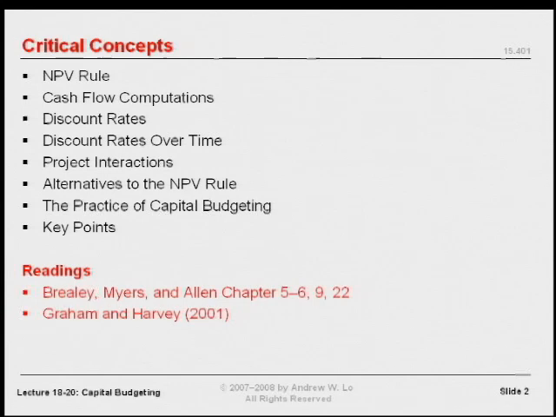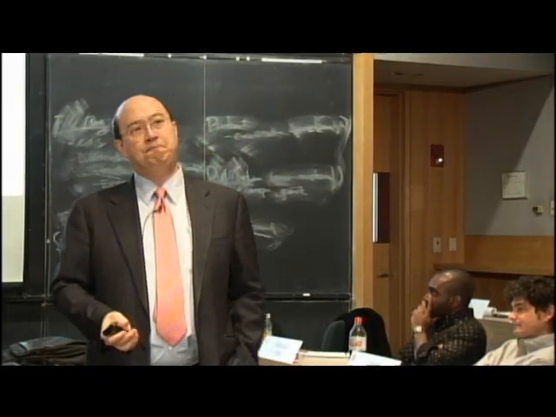Rather, I want you to focus on actual dollars and cents that you're going to be getting period by period. I'm going to talk about discount rates and applying them over time, project interactions, alternatives to the NPV rule, and how capital budgeting is currently done.